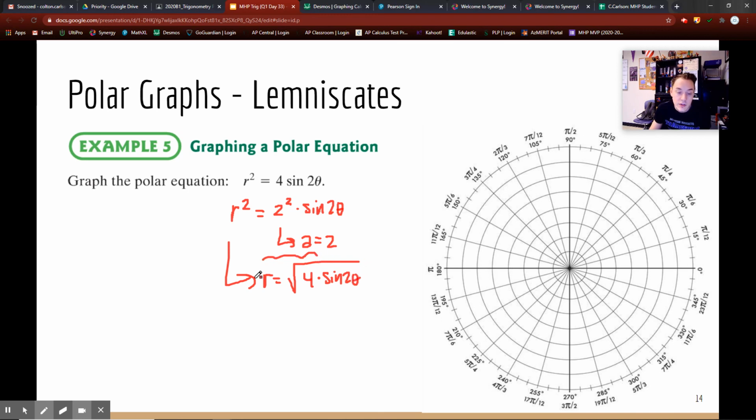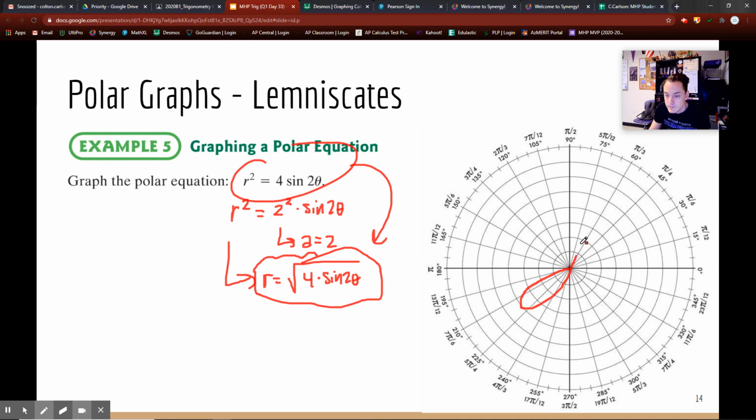Then you can just plug it in like that, or you can go right here. It doesn't matter. You just plug it into Desmos, and you get something like this. Something kind of like that, and that's symmetrical to the pole.